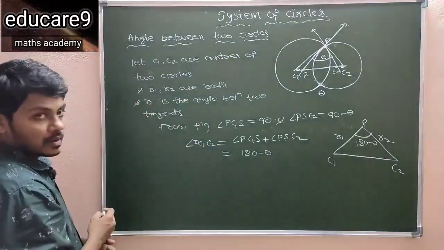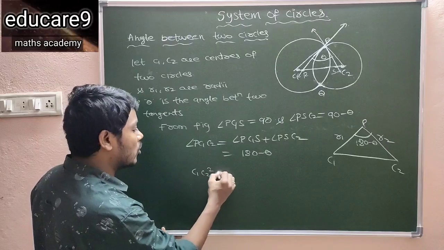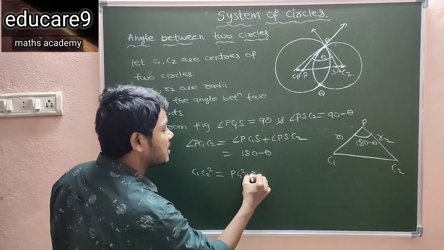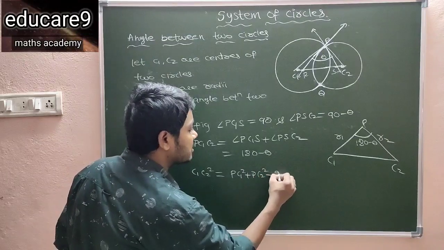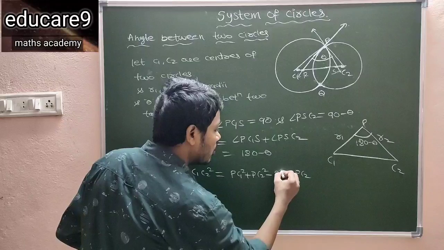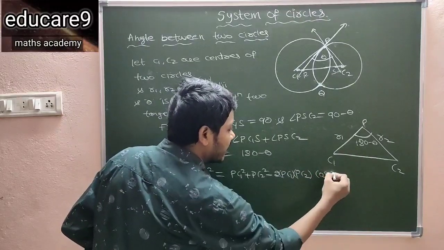So therefore, clearly from that, C1C2 whole square is equal to PC1 square plus PC2 square minus 2 PC1 PC2 cos of 180 minus theta.